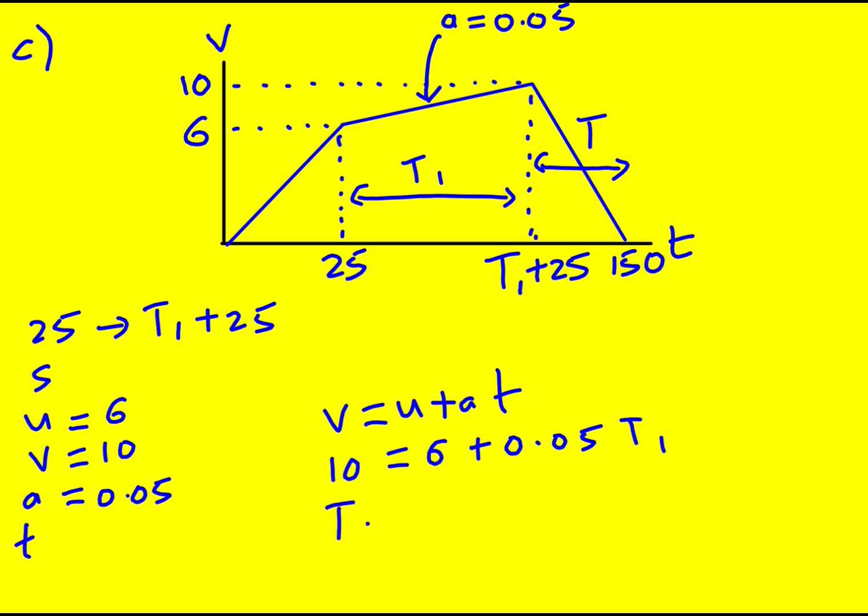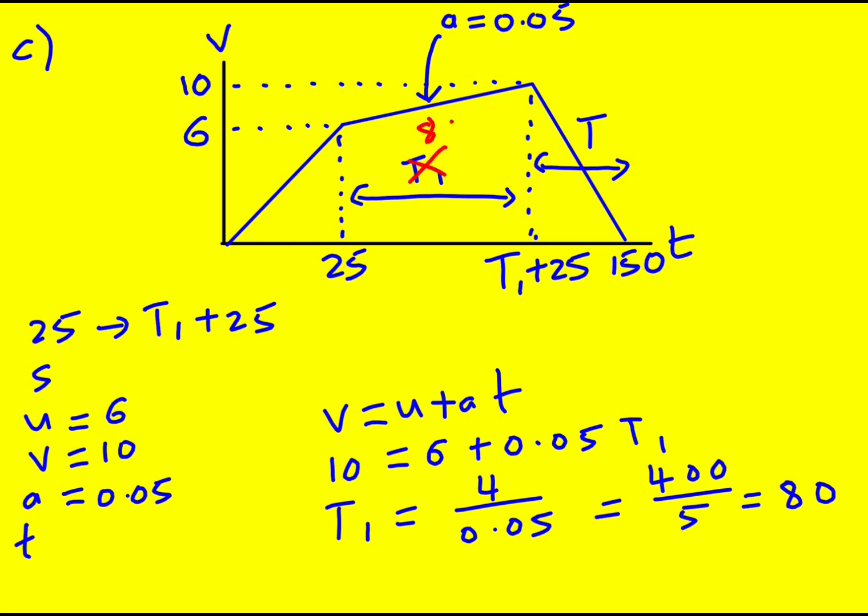So then t1 is going to be 4 divided by 0.05. Actually, that is 400 divided by 5, which is 80. So we've got 80, and this is 105, and that means that T is going to be 150 minus 105, 45.